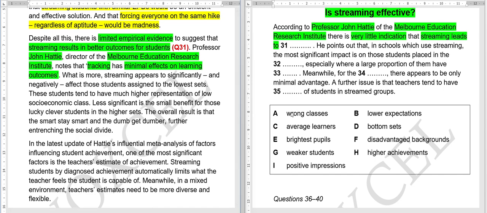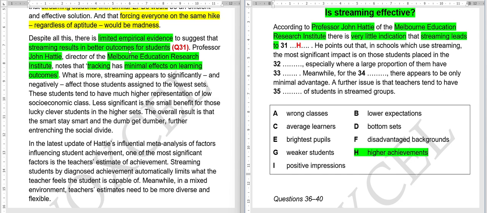Okay, time's up. And the answer to this particular question is which option, out of A to Y? Yes, the option is H. I hope you were able to identify this. Let me first mark it. So here they are saying better outcomes for students.